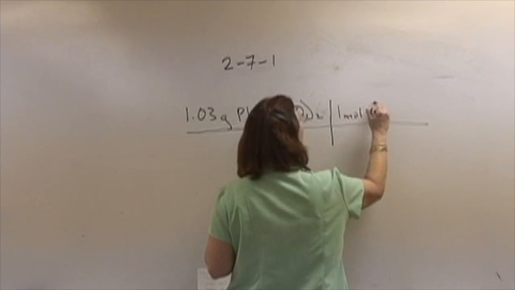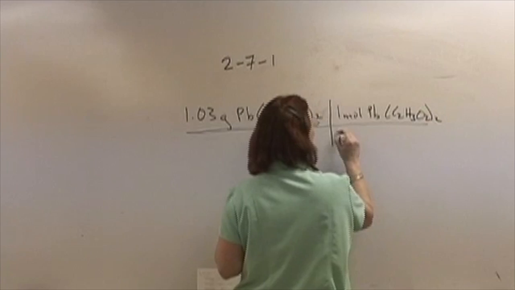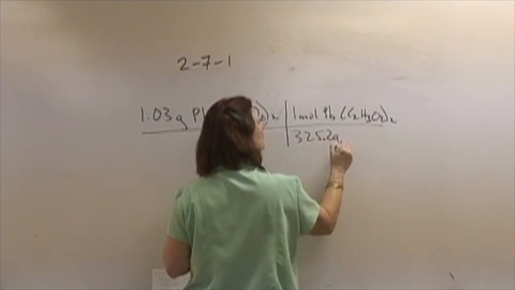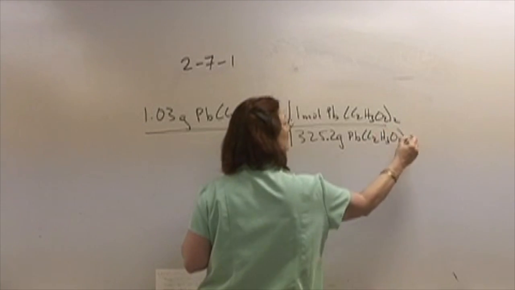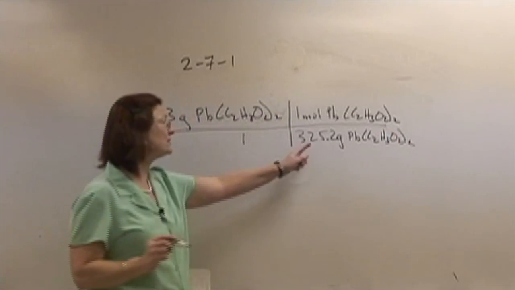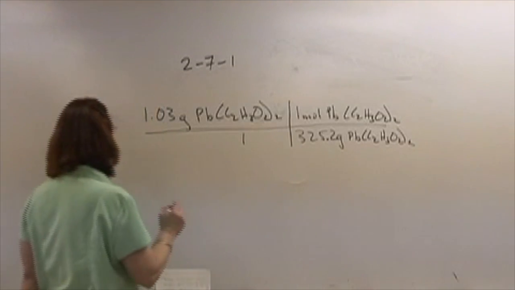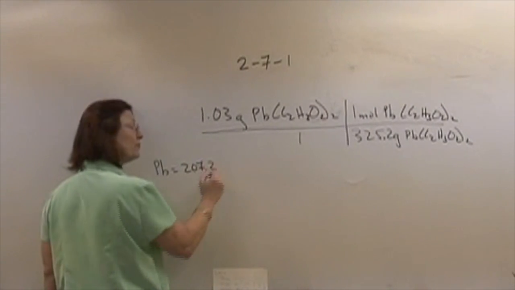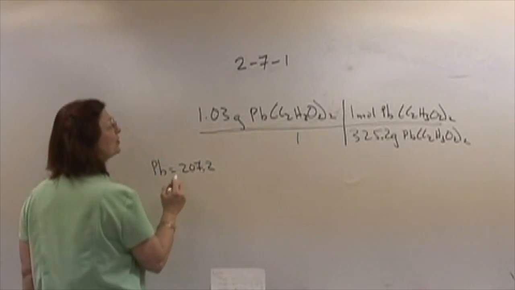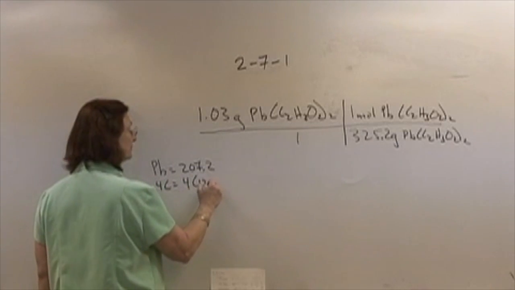And 1 mole of lead-2 acetate has a mass of 325.2 grams. Now, it's at that point, this formula mass, that many students make an error. And I would suggest that you write them out. Lead is 207.2 AMU. And you have 4 carbons, and 4 times 12.